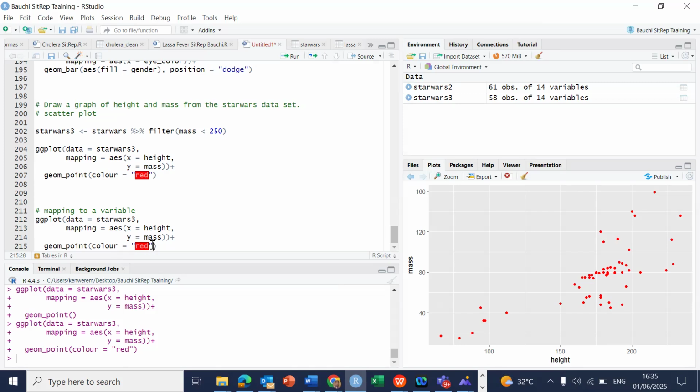Okay, so we said if you're mapping to a variable, it has to be inside an aes. So here we wrote just color equal to red.